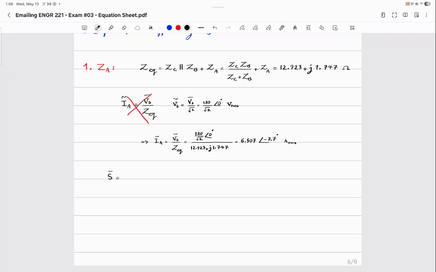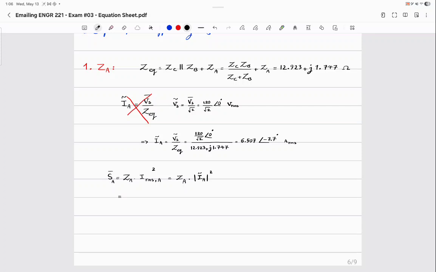Complex power is equal to ZA, let's add a subscript of A, ZA, times I RMS A squared. Or I can write it as ZA times the magnitude of I tilde A squared, right? These are equivalent.